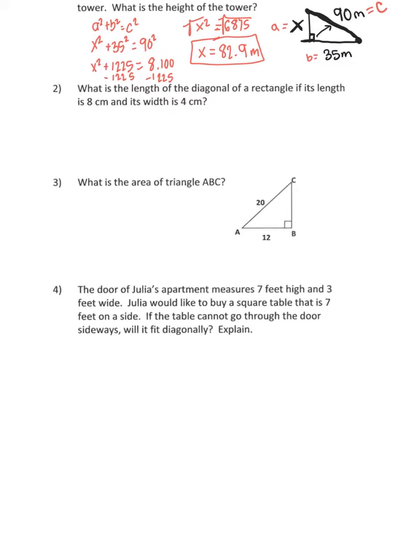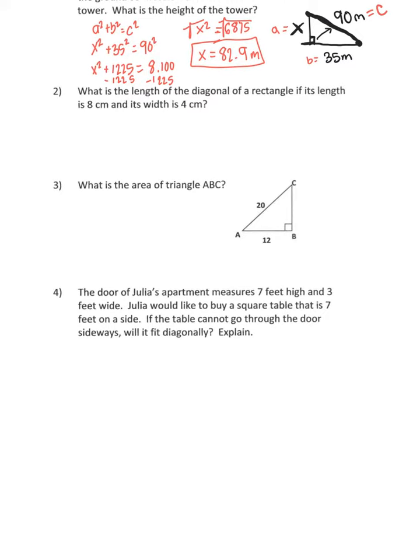Okay, let's look at number 2. What is the length of the diagonal of a rectangle? So I'm going to draw a rectangle to start off with. And my diagonal goes straight down the middle. So what is the length of a diagonal of a rectangle if its length is 8 centimeters and width is 4 centimeters? So my rectangle is 8 centimeters long and 4 centimeters wide.